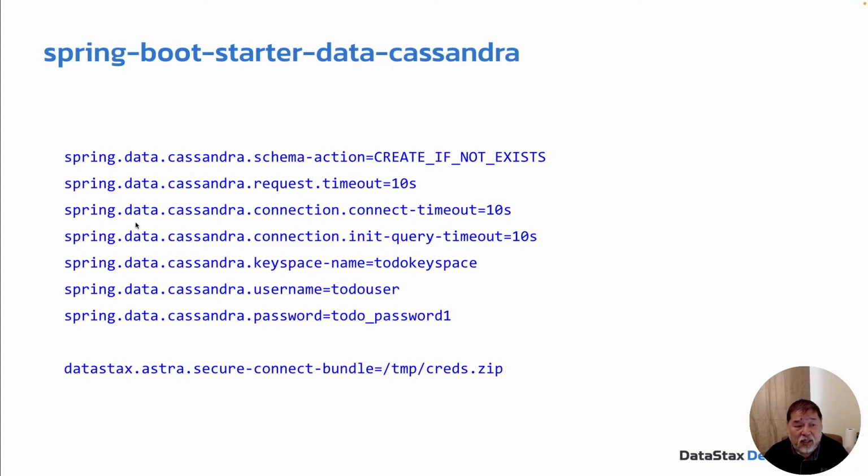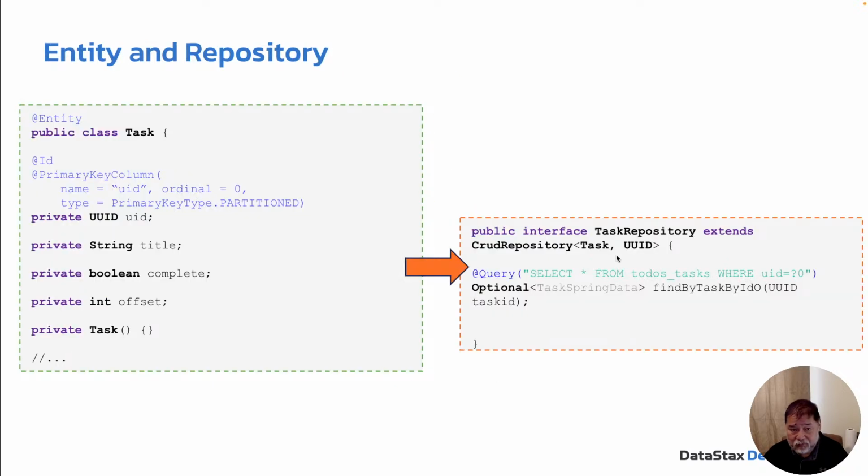So this is the Cassandra configuration. And in Spring Data, you have an entity class, which defines the data type. So UID, title, complete, offset, and that's the task type. And we have to map the primary key column and say what it is.